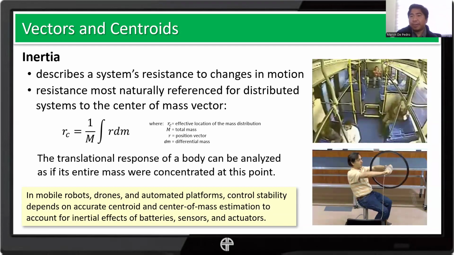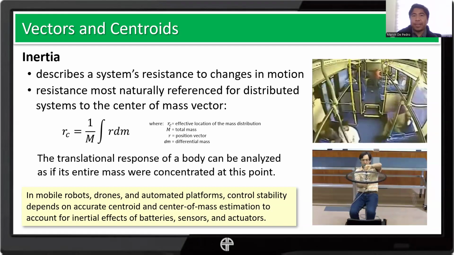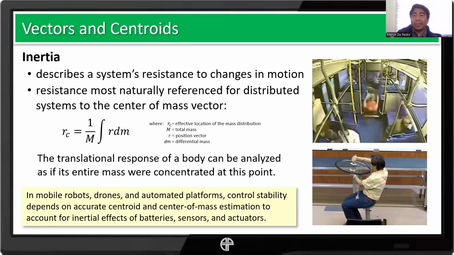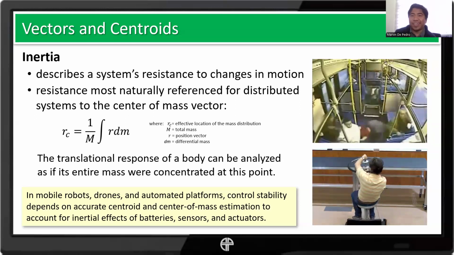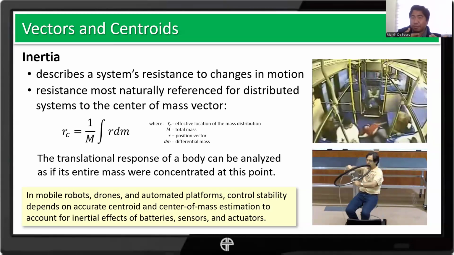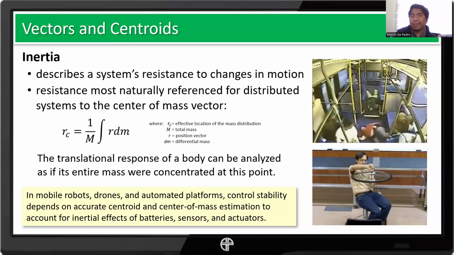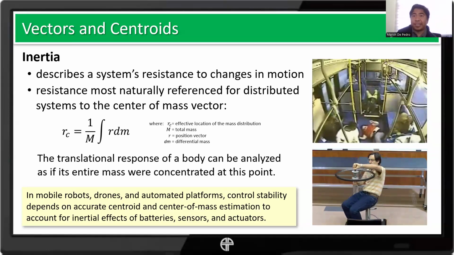When we ride a fast moving car or any vehicle, whenever the vehicle stops, we tend to move that way, because we have the tendency to continue our motion. That tendency is due to our inertia.